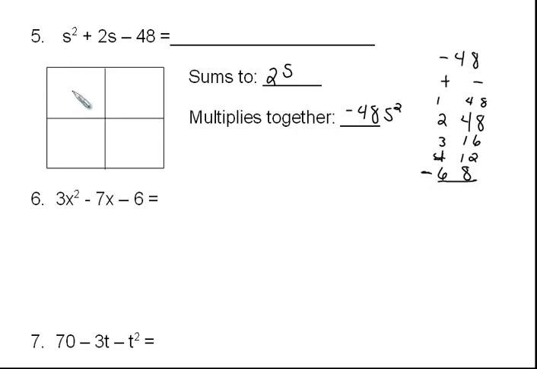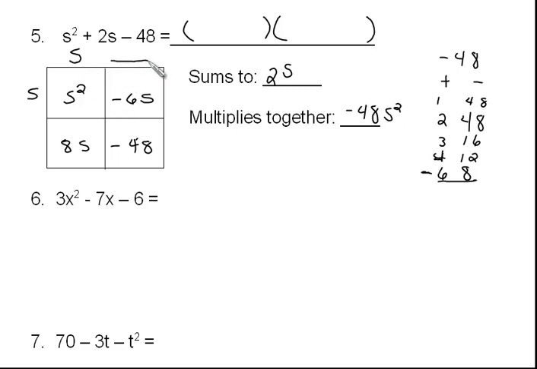So, let's go here and fill in our boxes. S squared. We can put the minus 6s and the 8s on a diagonal. And we'll put the negative 48 here in our last box. Okay, and again we're going to end up with our two factors. Only way to get s squared is s times s.